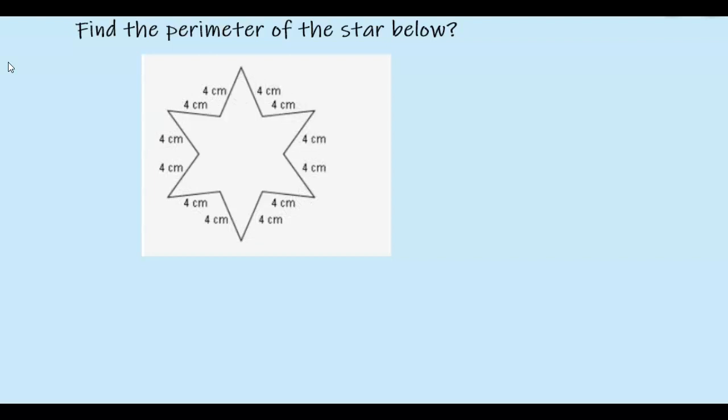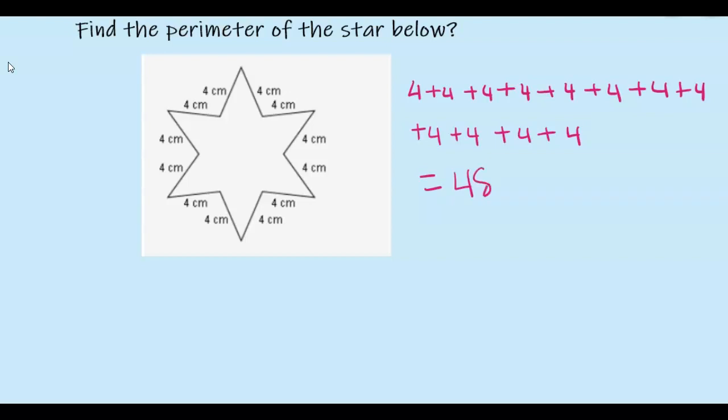So it's 4 plus 4 plus 4 plus 4 plus 4 plus 4 plus 4 plus 4 plus 4 plus 4 plus 4 plus 4. Then you add all together, then you get 48 centimeters.